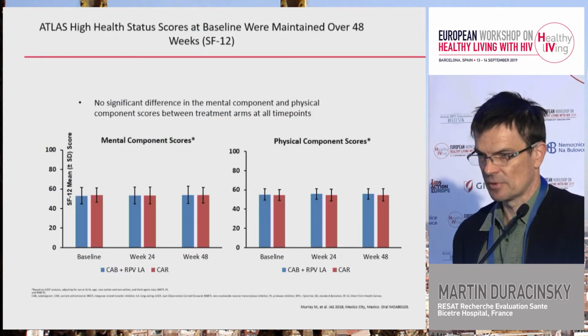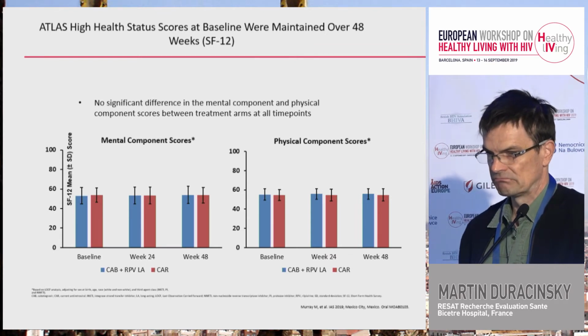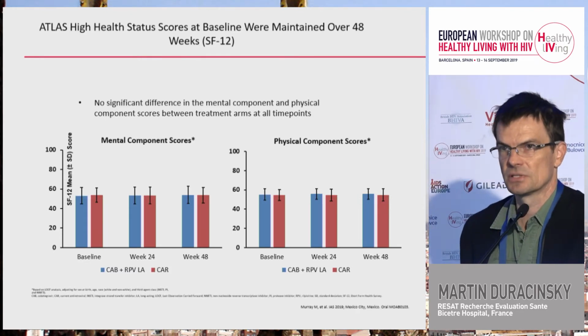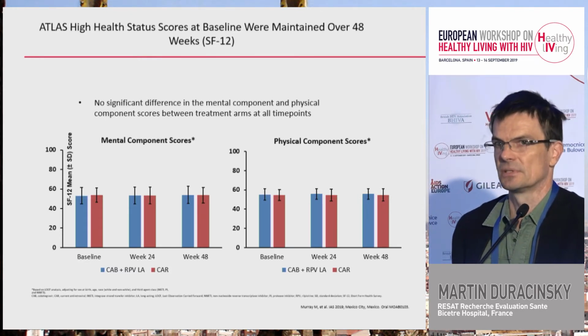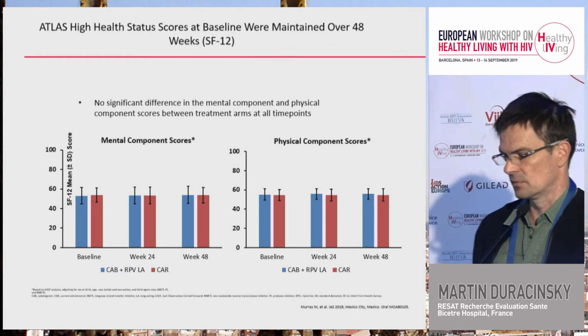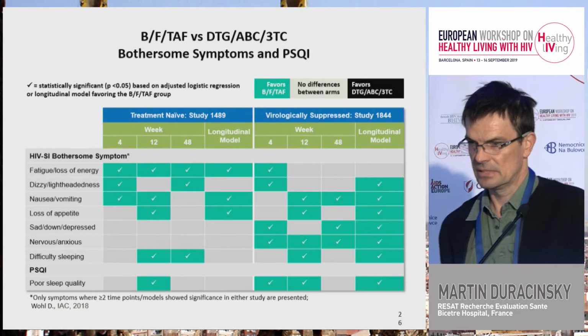This is an example from Atlas. You can see that there is no difference with the generic questionnaire SF-36, between the mental component score and physical, between arms. Of course, there is no difference because this questionnaire is not able to show this difference. So what is the use of putting this in the study?